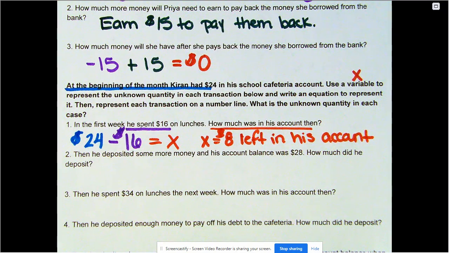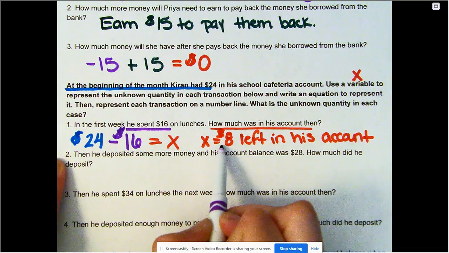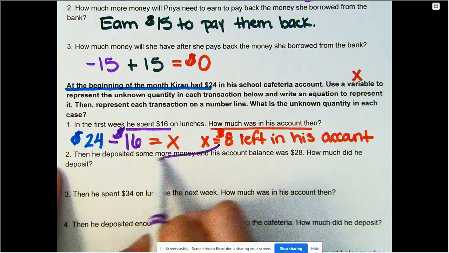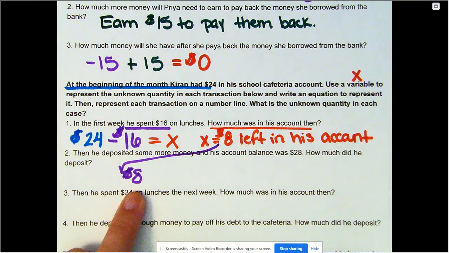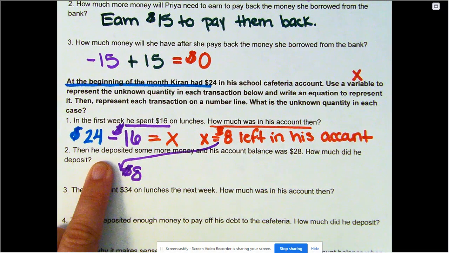Then he deposited some more money and his account balance was $28. Let's use this $8 that he has left because this is like a running total. He has $8 currently sitting in his school cafeteria account. Then he deposited some more money. Did it tell us how much money he deposited?